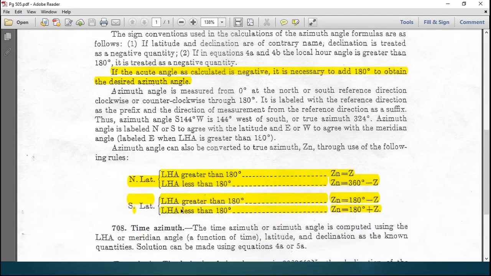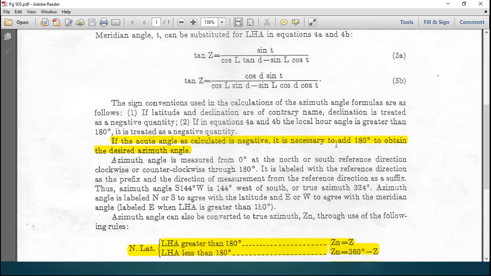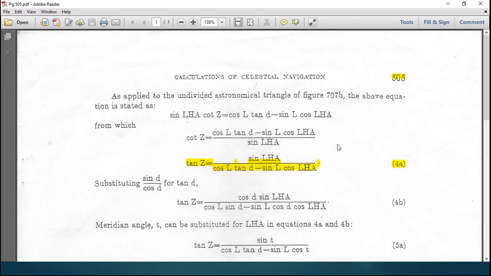And then you'll follow this little rule right here to convert it from Z to Zn. It'll make more sense to you as we get further along in the lesson. But if you want to download this PDF and use it as reference material for these problems, go ahead and do that because it will be available in the exam room. All you've got to remember is that it's page 505 in Pub 9 Volume 2.